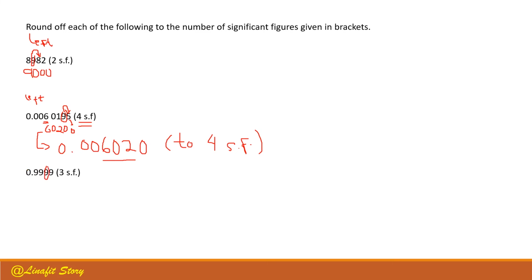Then check the next digit on its right. This is 9. So round up. So 9 plus 1 is 10. So the answer is 1.00.